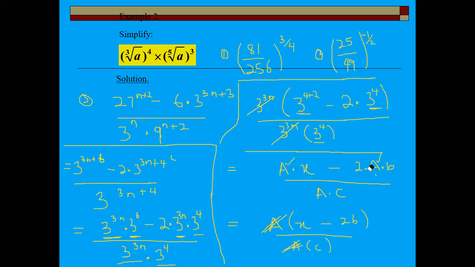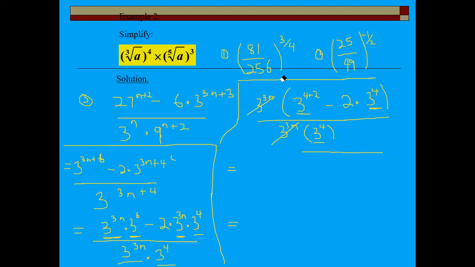Okay, so having understood to this point, we will continue. Which means now we are left with 3 raised to the power 4 plus 2 minus 2 times 3 raised to the power 4, all over 3 raised to the power 4.